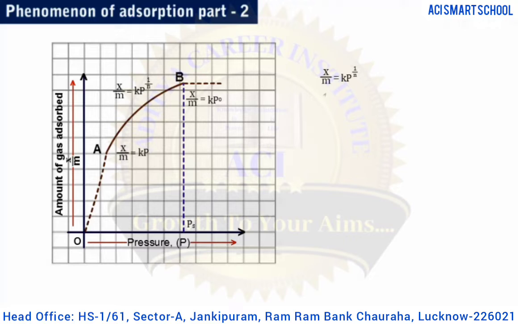On the other hand, when 1 by n is equal to 1, x by m is equal to kp, which means that x by m is directly proportional to p. In other words, adsorption varies directly with pressure in this part of the isotherm.